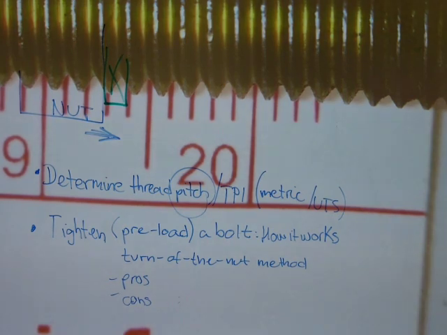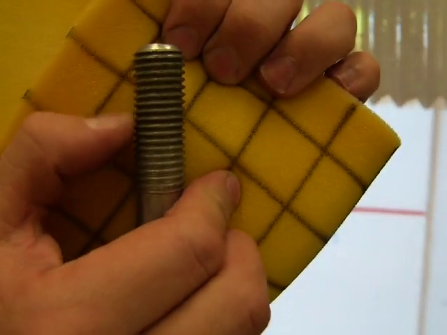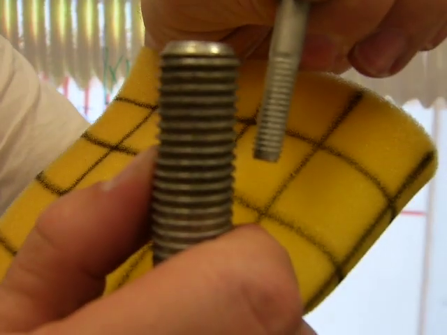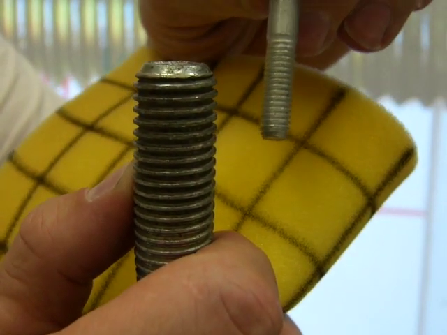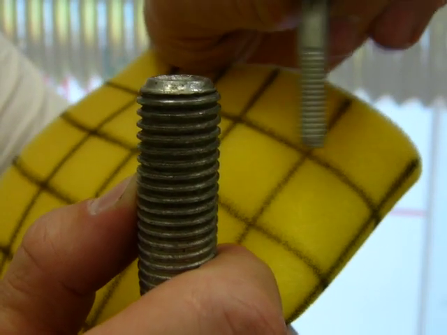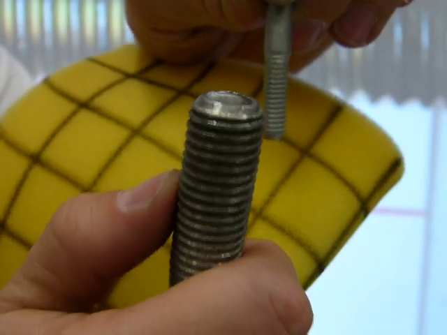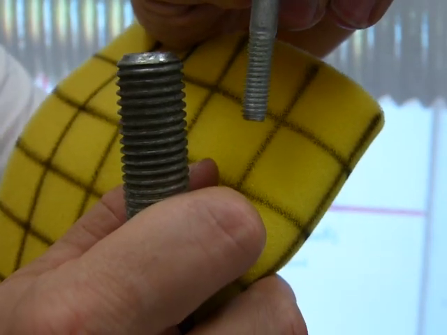And it's important that, depending on the coarseness of the thread, see, this one is a coarse thread and this one is a super fine thread. Just see them side by side. It is obvious that the distance a nut would travel on the skinny bolt is way less than the distance the nut would travel on the big anchor bolt.